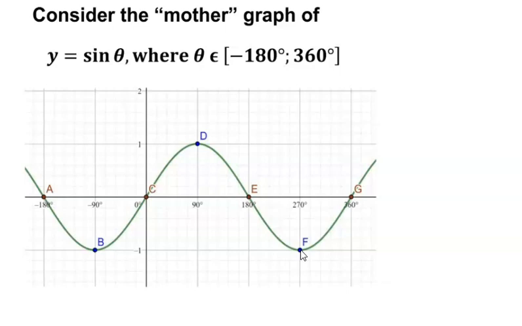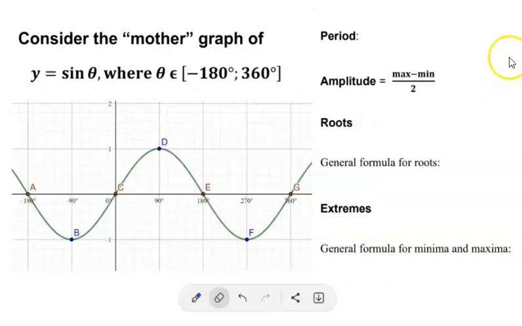So now we can make some conclusions regarding this graph, for instance properties like the period or the amplitude, etc. The first property we have to look at is the period of the graph. The period does exactly what it says it does. It measures how far the graph must go before it repeats itself.